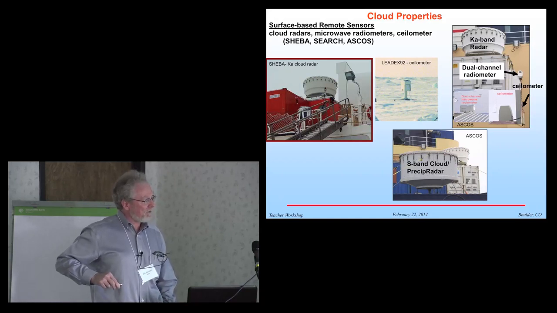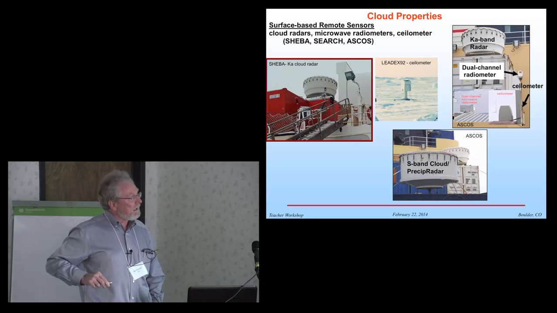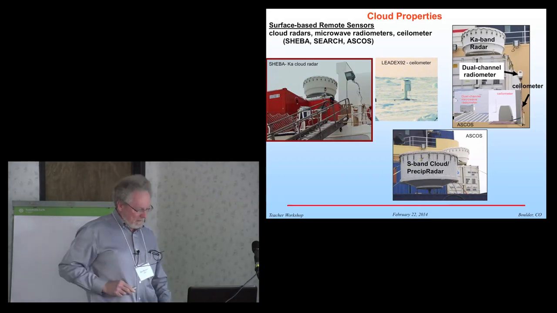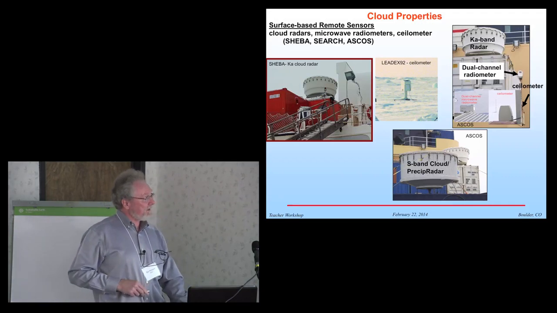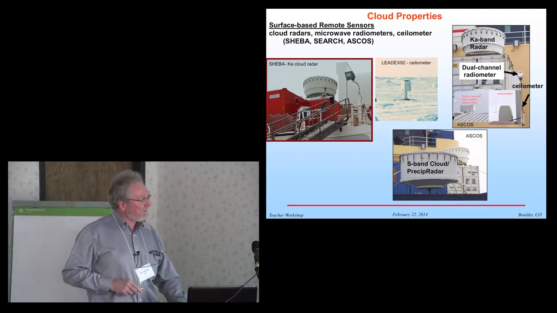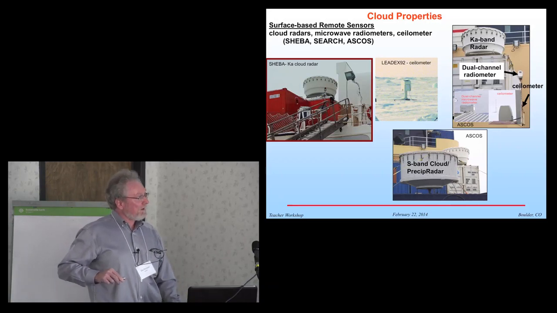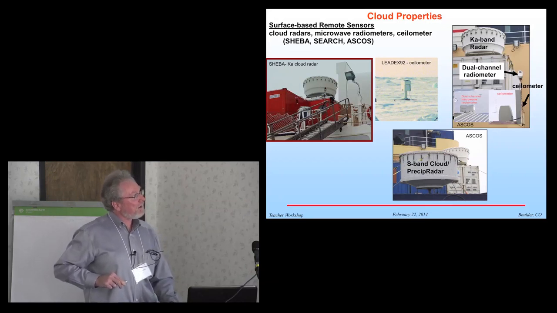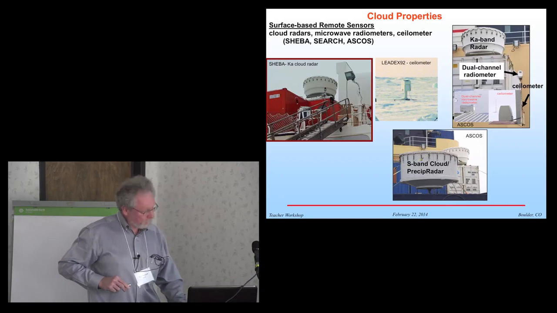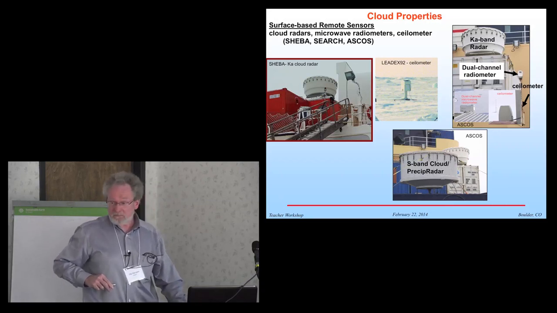This is actually a cloud and precipitation radar, and the ceilometer and these radiometers all provide important pieces of the whole picture. This is the cloud radar at Eureka, down by the side of the fjord, showing some of the images and data of the cloud properties. And that has been there for 8 years now.